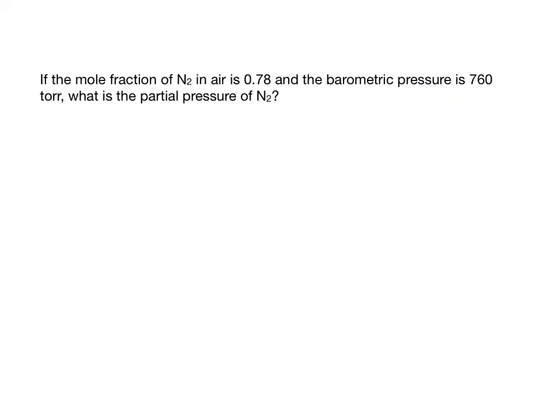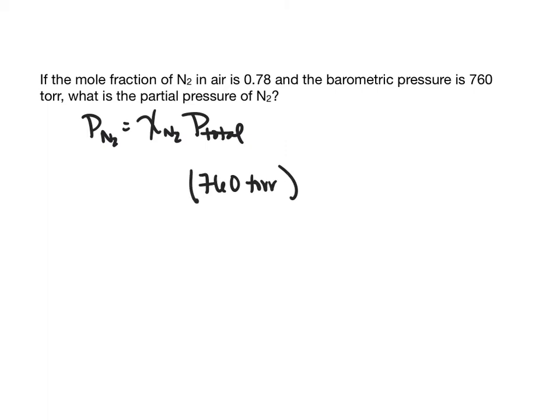So if the mole fraction of N2 in air is 0.78 and the barometric pressure is 760 torr, what is the partial pressure of N2? So the partial pressure of N2 is equal to the chi of N2 multiplied by P total. In this case, the total pressure is 760 torr multiplied by the mole fraction, in this case 0.78.